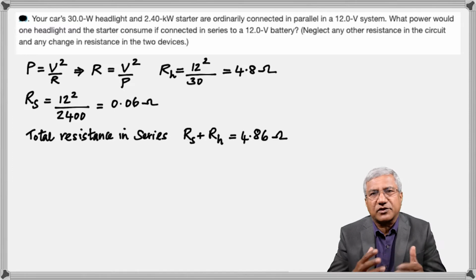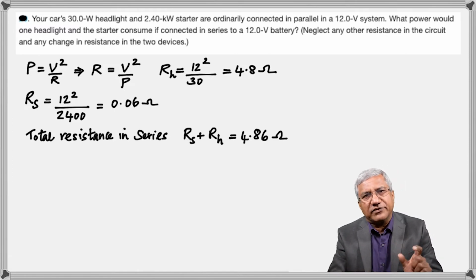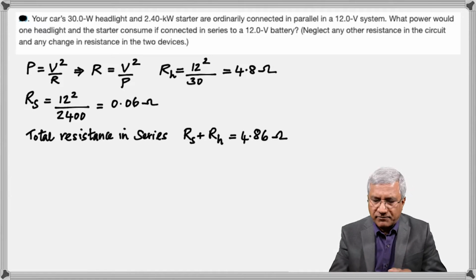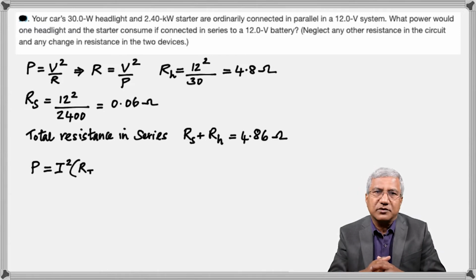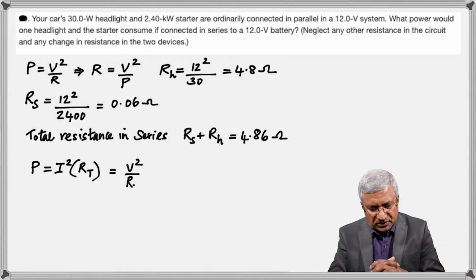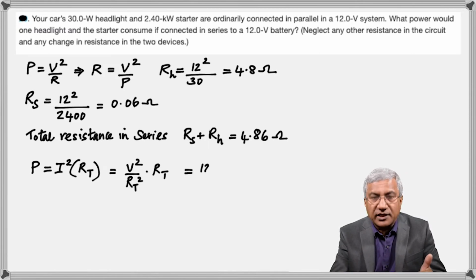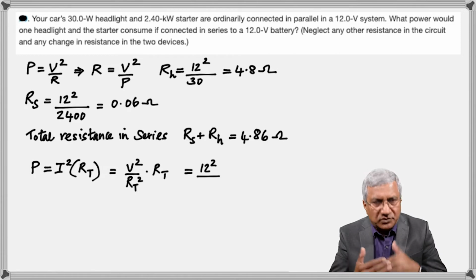What are we looking for? We're trying to find the power. And when components are connected in series, we know that the current flowing through them are equal. So if we can find that current, then we can use I squared times R to find the total power. So P is I squared times the total resistance, which, well, I have substituted for I as V by R. Current is voltage by resistance.